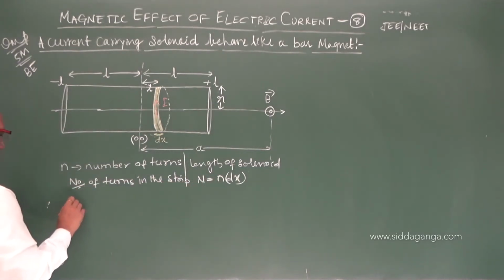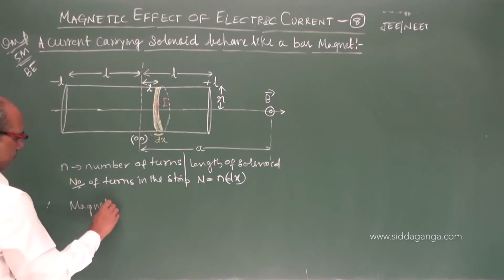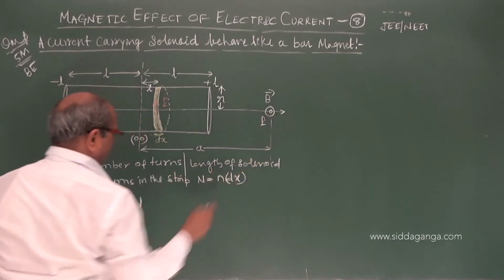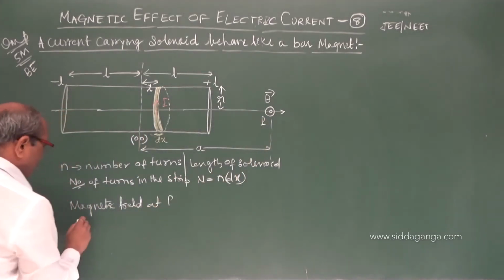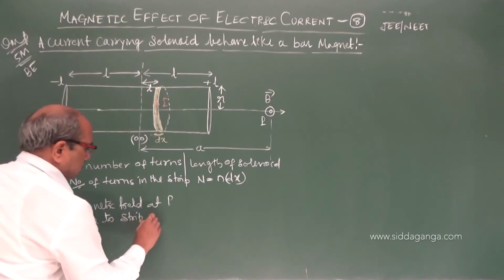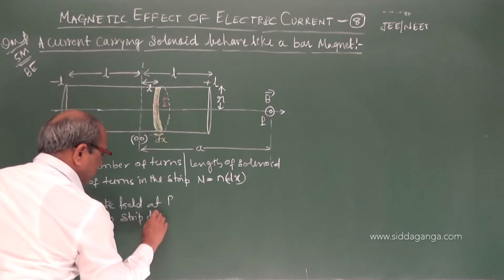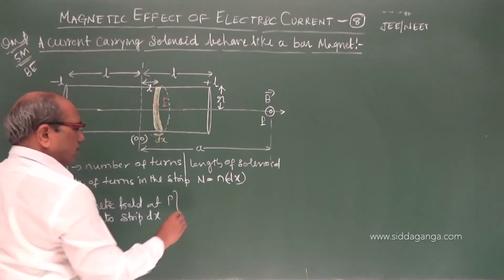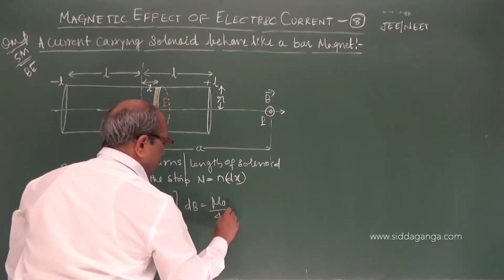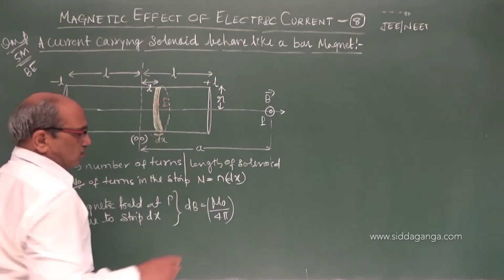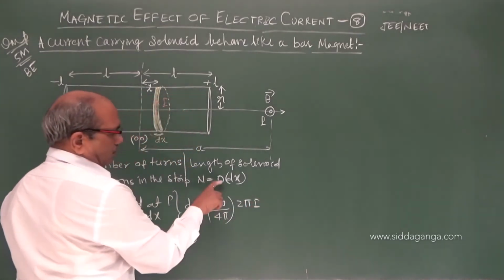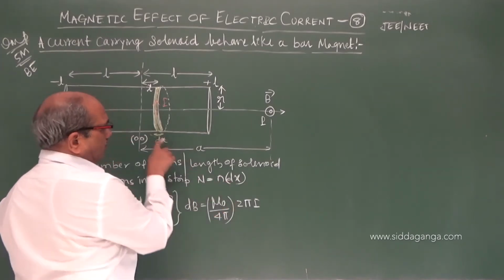Therefore, the magnetic field at P due to the small strip of thickness dx is dB equal to, as you derived in the case of a circular coil along the axis, mu naught upon 4 pi, 2 pi, I. I am writing n into dx because that is the number of turns.